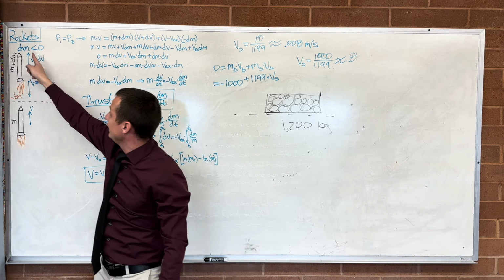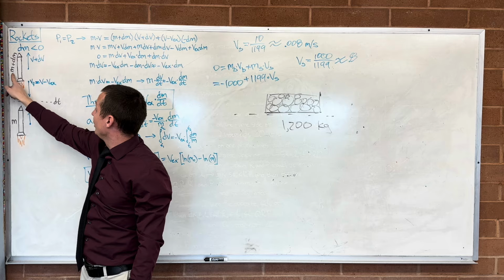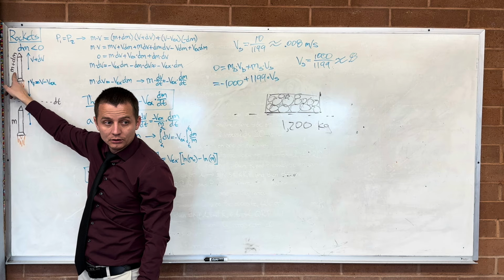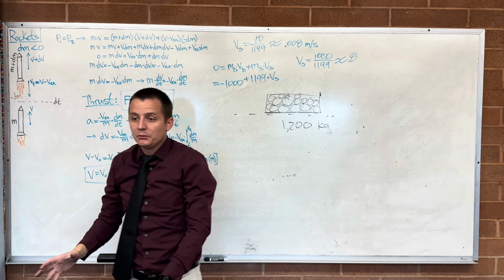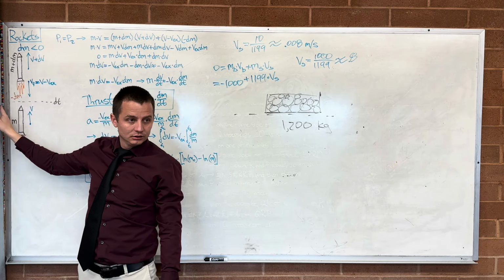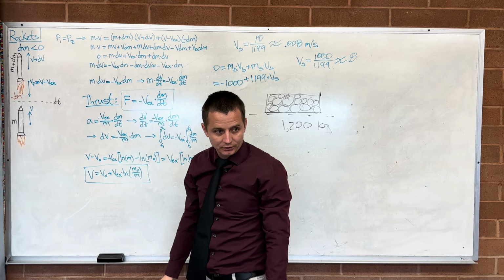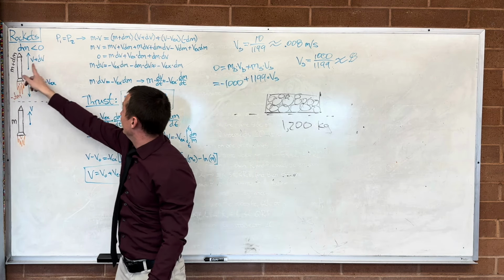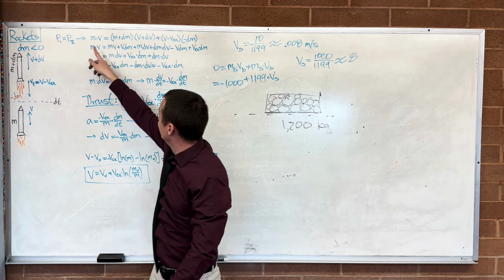In this case, it's a negative quantity. It went down a teeny bit, like negative dm is how the gas is leaving. Okay, so we have the momentum of the rocket ship plus the momentum of the fuel.